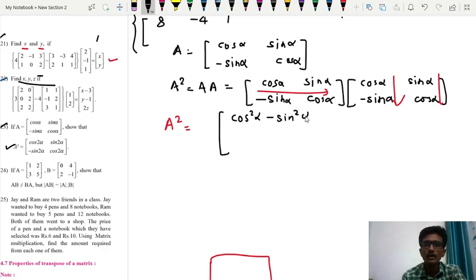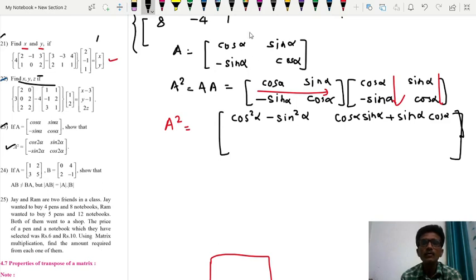You know cos square alpha minus sin square alpha is cos of 2 alpha. Then cos alpha sin alpha plus sin alpha cos alpha, it will be. Then second row into first column and second column.